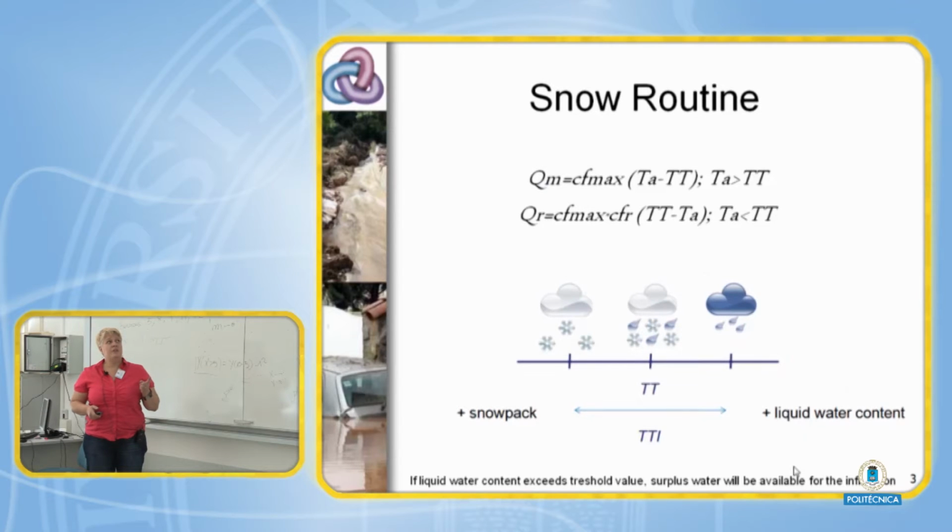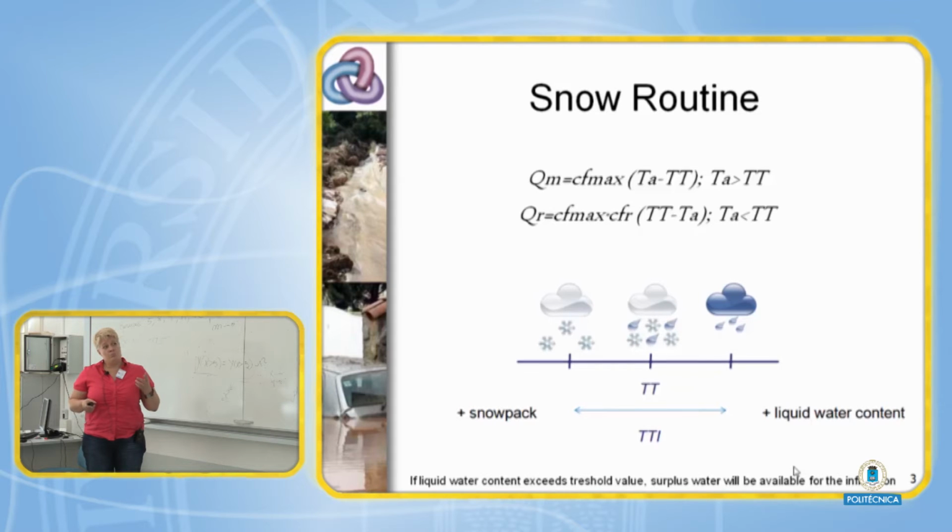This is the first routine, and here is where the precipitation enters the model. Depending on the air temperature, the precipitation will be divided into snow or rain.